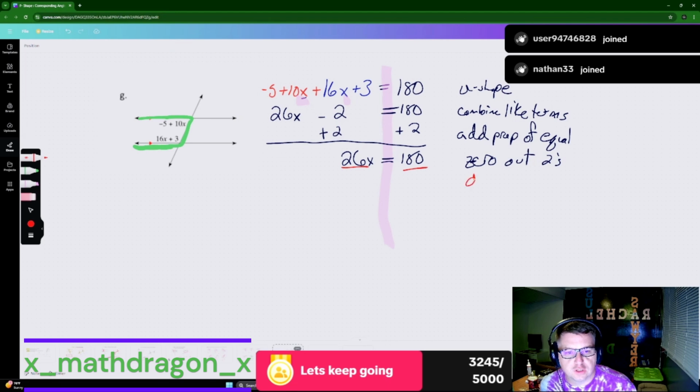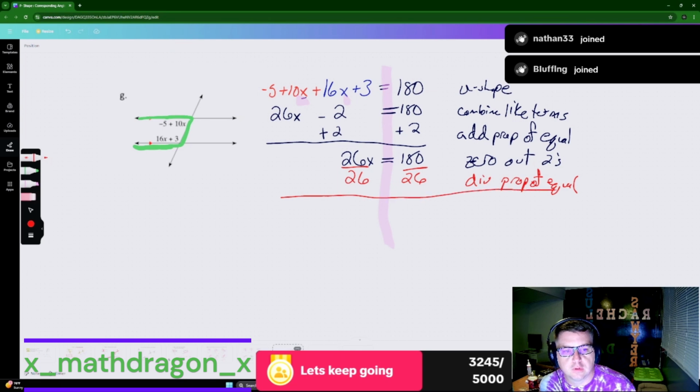Then the division property of equality. I'm going to divide by 26 on both sides. This is going to 1 out the 26's. So that x equals, I have no idea.